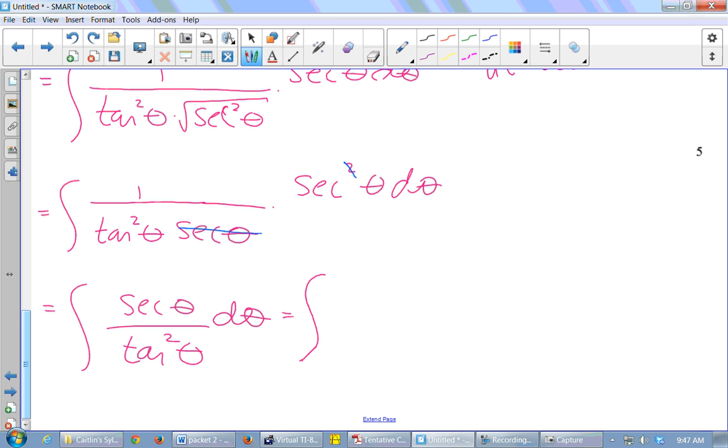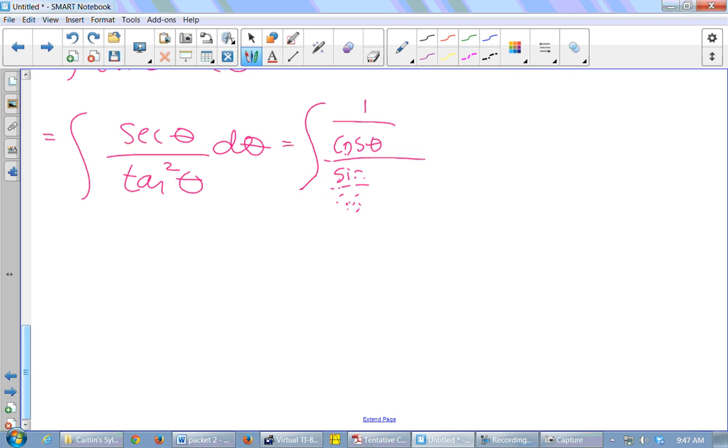Sine or cosine? It's 1 over cosine. And then tangent is sine over cosine. Tangent squared, so I've got sine squared over cosine squared.